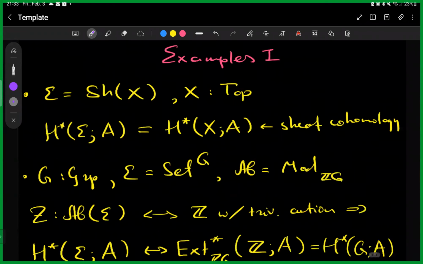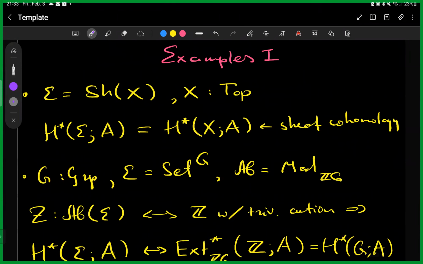Okay, so let's consider some examples. So first of all, obviously we have sheaves on topological spaces or locales, but since we didn't define what is a sheaf cohomology over a locale, let's just think of topological spaces.